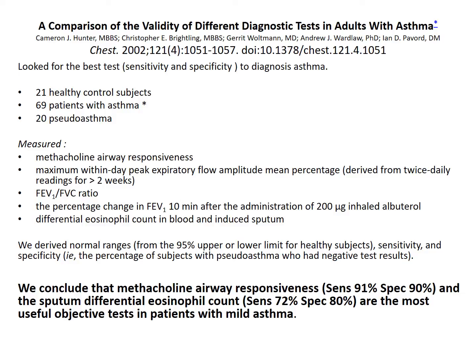Which one of these were going to be the best at picking apart the controls, the asthmatics, and the pseudo-asthmatics, the symptomatic people without asthma? They derived the normal ranges using 95% upper and lower limits from the healthy subject group, and they calculated sensitivity and specificity.